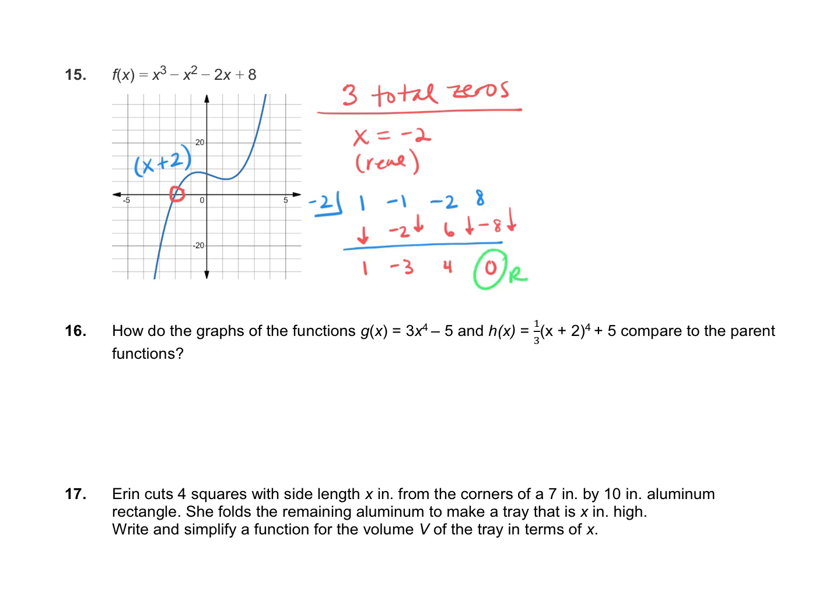And I knew that we would get a 0 because if x plus 2 is a factor, that means that it divides evenly. So any real zeros that you can see on a graph, your function will divide evenly by those factors. So let's fill in our x's from the remainder working to the left. You've got your constant term, your x to the first, and your x squared.